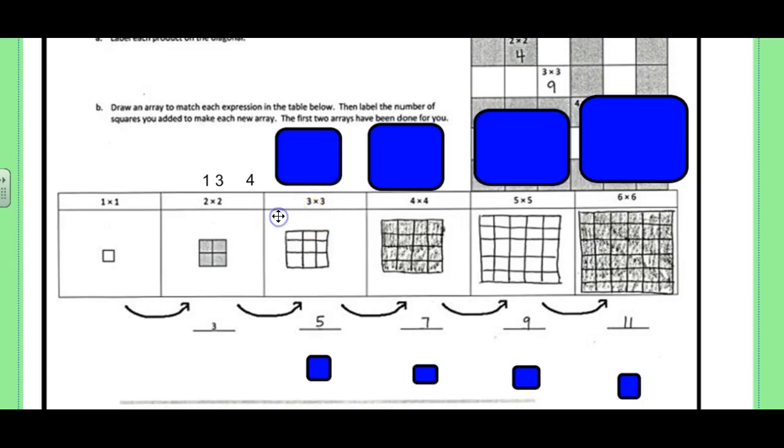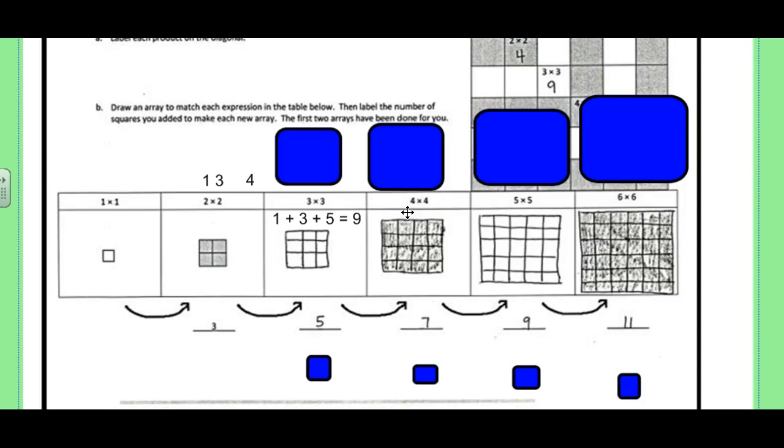Write down the first 3 odd numbers. So we've got 1 plus 3 plus 5. And we're going to add that up, and we're going to see if it equals what 3 times 3 equals. Whenever I add 1 and 3, I get 4, and whenever I add 4 and 5, I get 9, and 3 times 3 also equals 9.